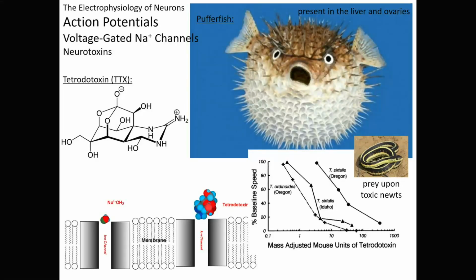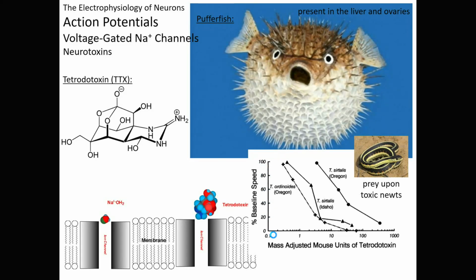And so first and foremost, just to show you that they aren't dying, or at least not being affected as much, this research group basically gave these different snakes, so the T. sertalis snakes in Oregon, and also the ones in Idaho, which don't eat the toxic newts, and then this other species in Oregon, which also doesn't eat the toxic newts, this T. ordinoides, different levels of tetrodotoxin. They basically just injected it into them, and then they measured how much it was affecting them by measuring how fast they could actually slither around.